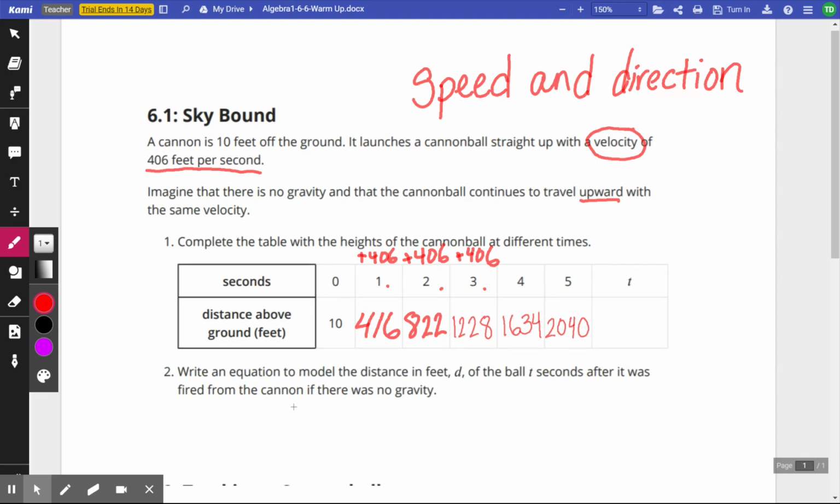So what I mean by that is 1 times 406 is 406. If I put 2 times 406, I get 812. If I do 3 times 406, I get 1,218.